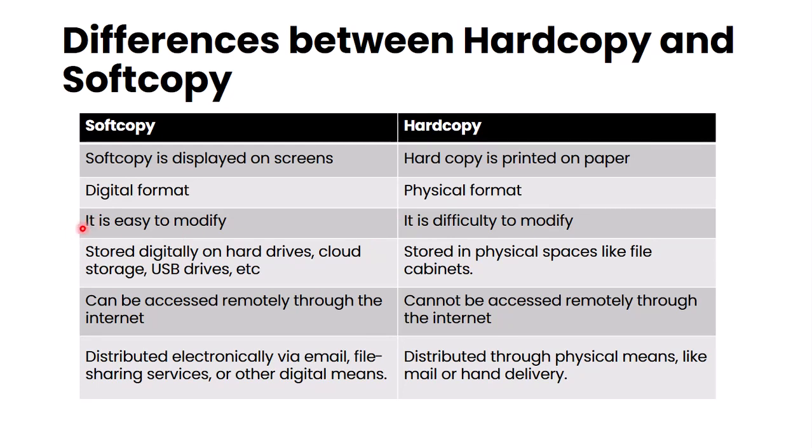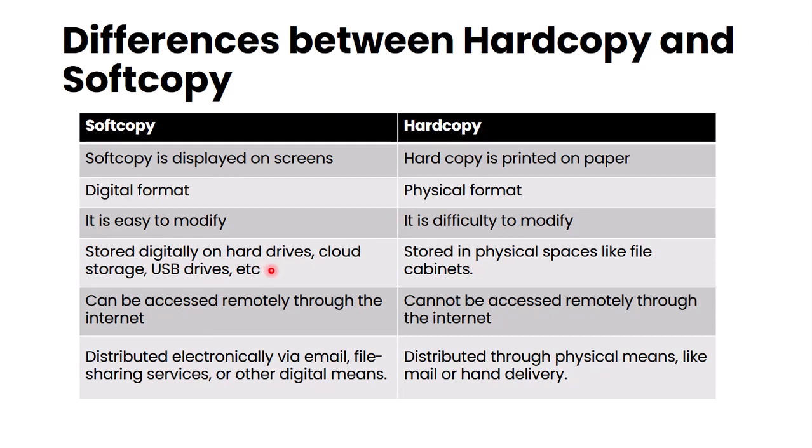Now the soft copy is easy to modify. If you want to make some changes to a soft copy, you can easily do those changes. But for hard copy, it is difficult to modify. Soft copies are stored on hard drives or cloud storage or USB drive.